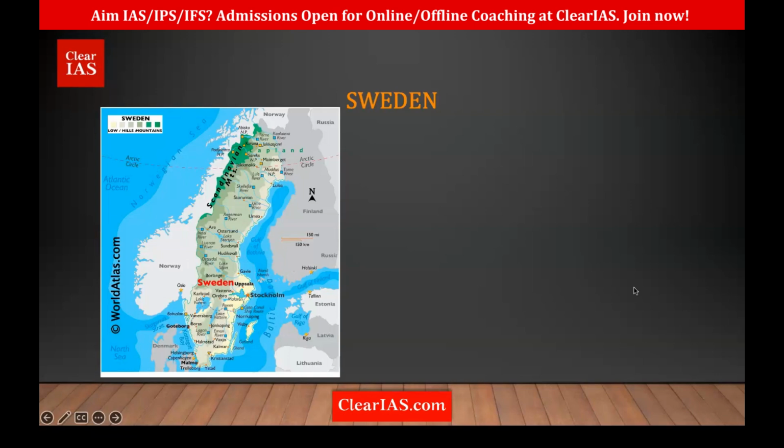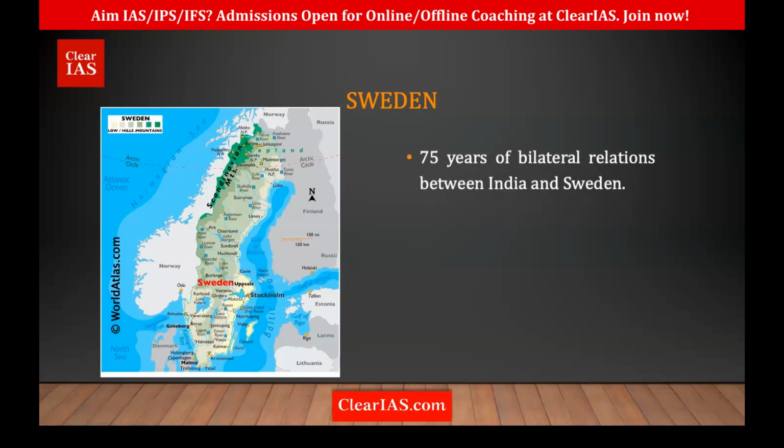Sweden has also been in the news because India and Sweden are celebrating 75 years of bilateral relationship. That means since independence, Sweden has been supporting India. We are celebrating 75 years of independence this year, and also 75 years of the India-Sweden relationship. That is why this is important.